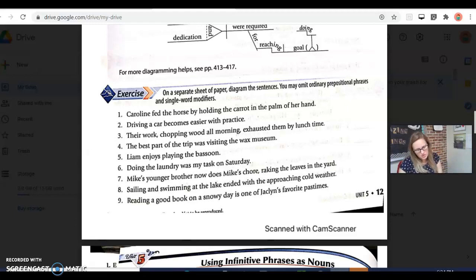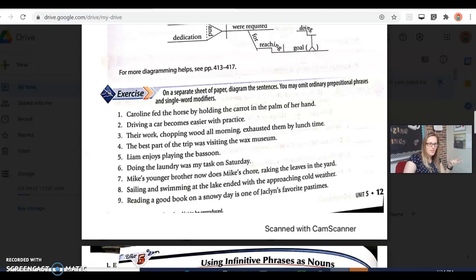So on this page, there's only 9. On a separate sheet of paper, diagram the sentences. You may omit ordinary phrases, prepositional phrases, and single word modifiers. So just like all the examples, you don't have to do all of the extra modifying words. Caroline fed the horses by holding the carrot in the palm of her hand. So Caroline did what?